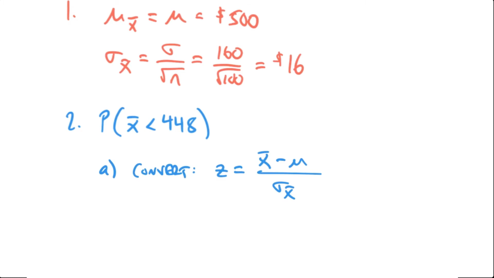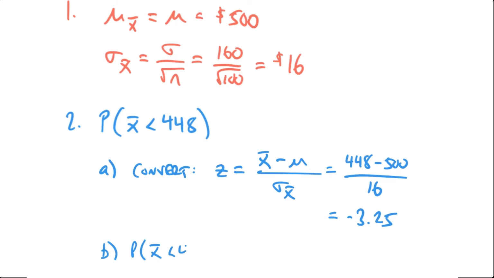That's 448 minus 500 over 16, which is negative 3.25. So instead of saying x bar is less than 448, we can say z is less than negative 3.25.